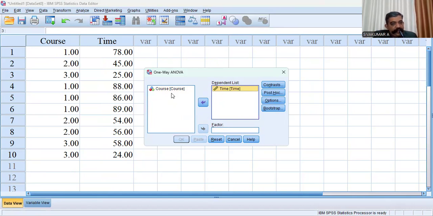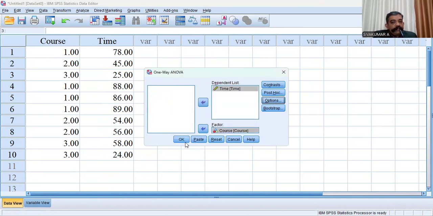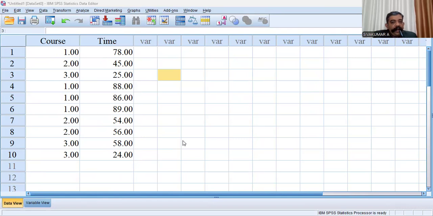Another name is factor, that is cause. Then you need not do anything else. Please click options, then descriptive, then continue, then OK. Then you will get the result. I have already got the result.